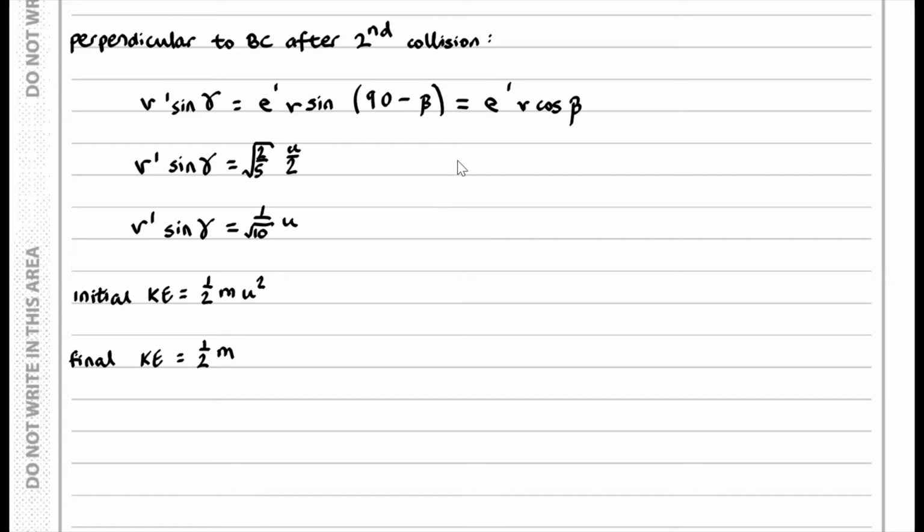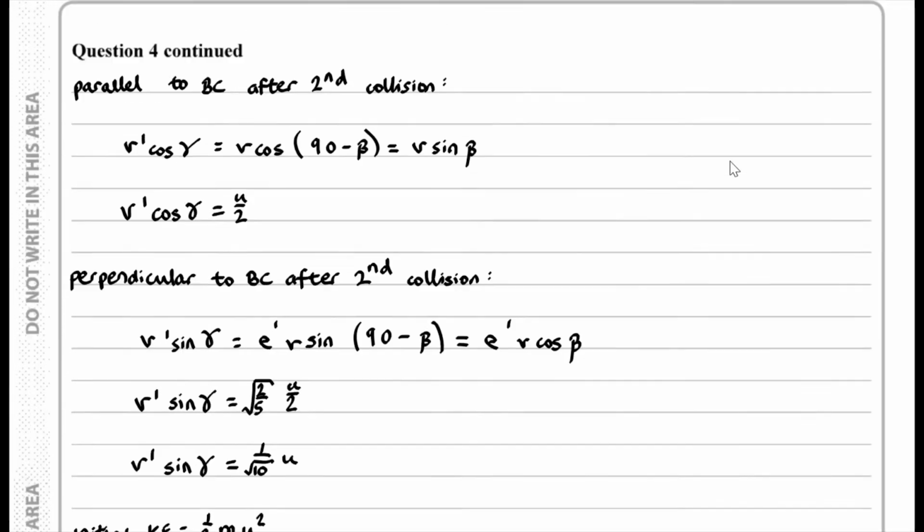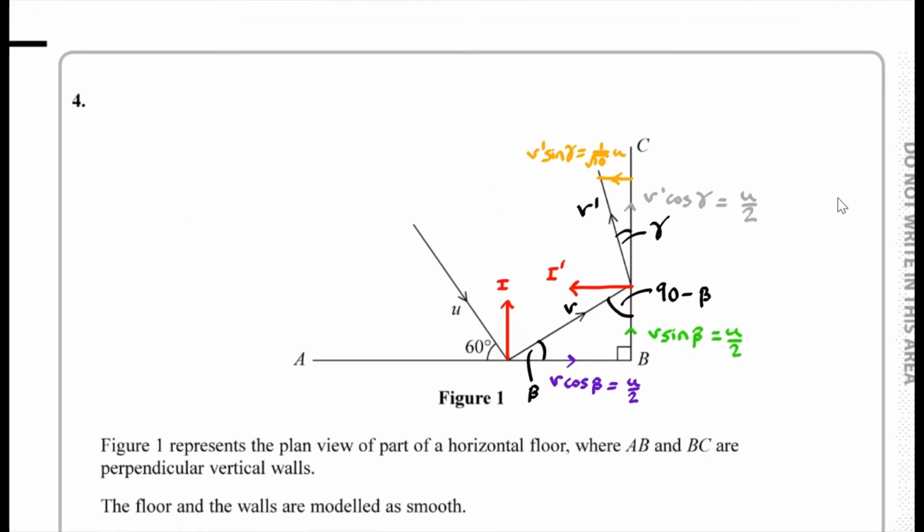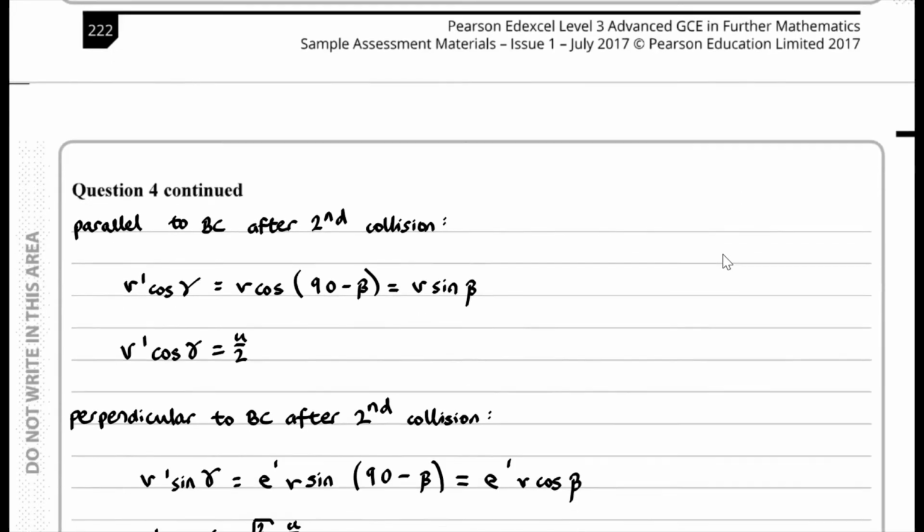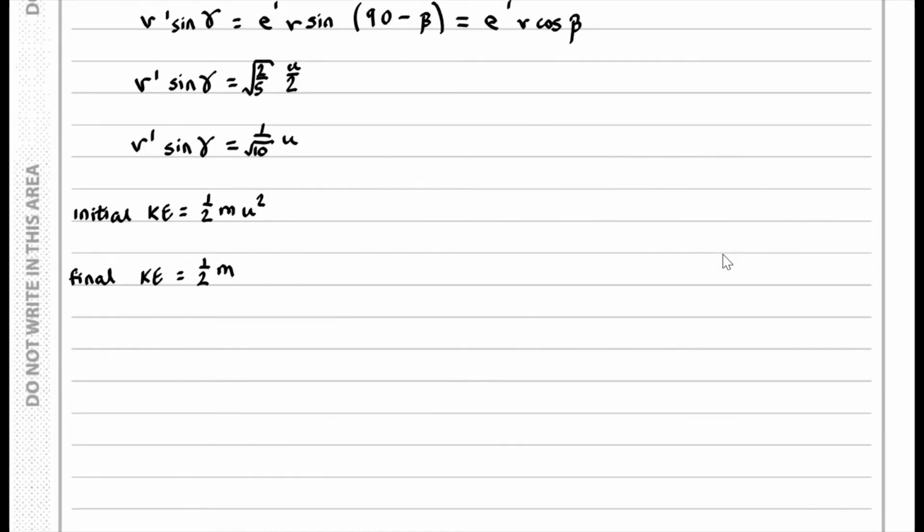And here you have to be a bit careful. We've got different components. We've got this component over here, U over 2, and if we square that, we get U squared over 4, so I'll add that in grey just for clarity.